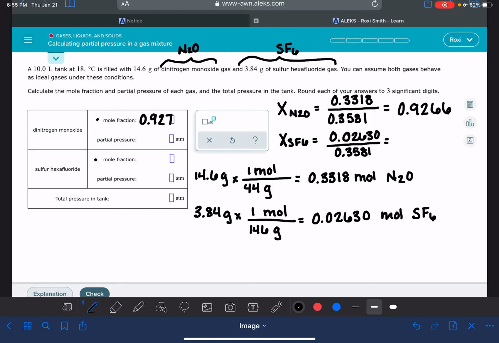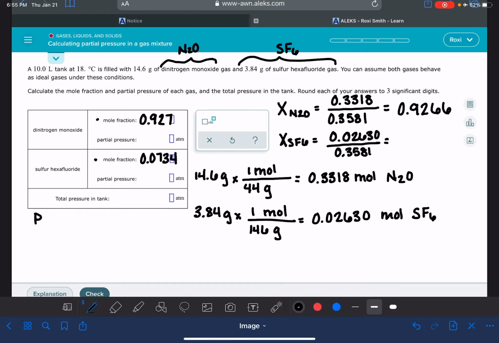And that is going to be 0.0734. So there's the two mole fractions. Now we could use our mole fractions to calculate the partial pressure of each gas, but I think it's going to be easier for us to move on next to calculating the total pressure in the tank.